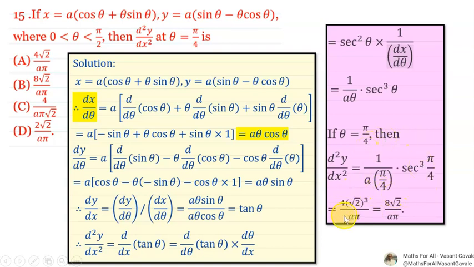That is 4 upon a into pi. Root 2 raised to 3 means what? 2 root 2. That is 2 into 4. You will get 8. 8 into root 2 upon a pi. And hence the option B हा या ठिकाणी कसा आहे तर तो करेक्ट आहे.